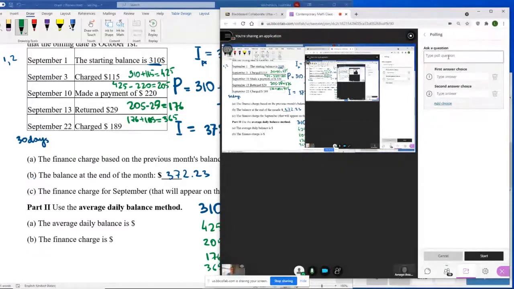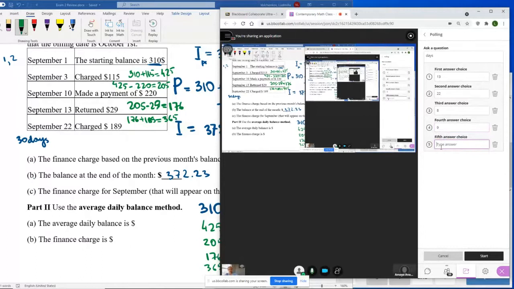This is the question to you. How many days was the balance $365 the same? While I'm typing the possible answers, you can write down on paper the dates from 22 to 30, 22, 23, 24, and so on, to find out how many days.